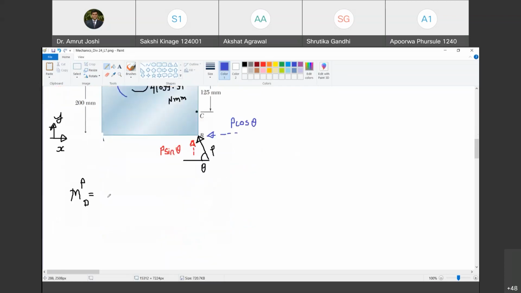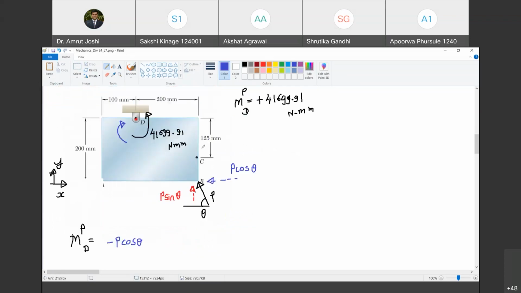So can I write it as minus P cos theta? And P cos theta being horizontal, I am interested in the vertical distance, so it is multiplied by 200. Do you agree with me? Yes, sir. Great. So minus P cos theta multiplied by 200 is the moment caused by P cos theta at D.